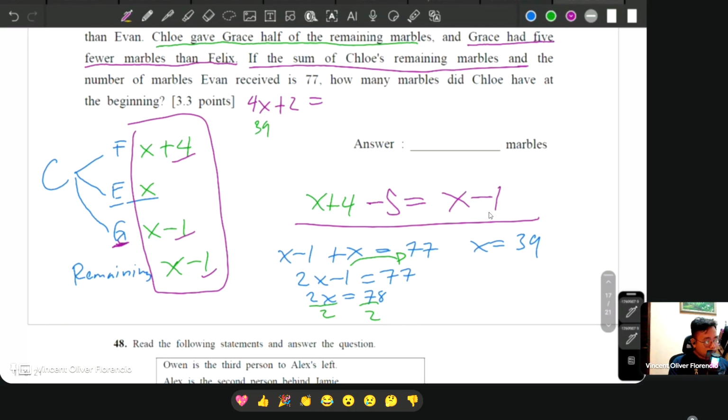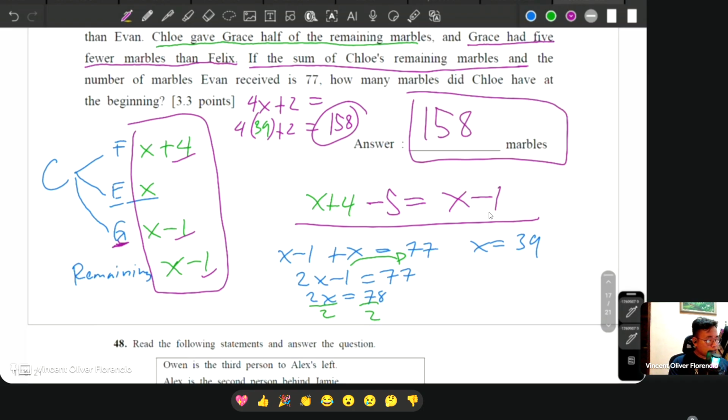So we have here 4 times 39 plus 2. 4 times 39 is 156, plus 2, that's 158. That means the total marbles of Chloe from the beginning is actually 158 marbles. Okay? We're almost there.